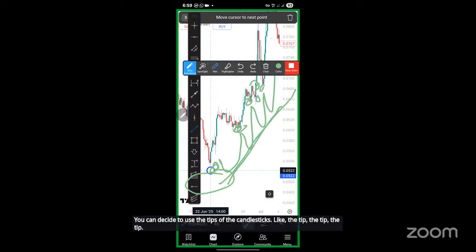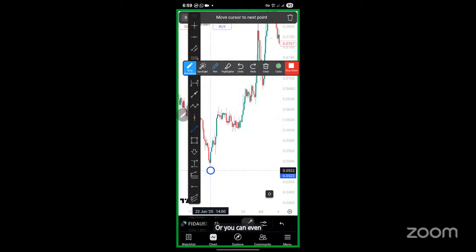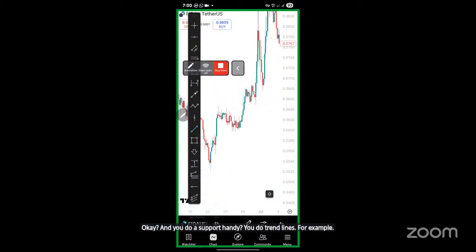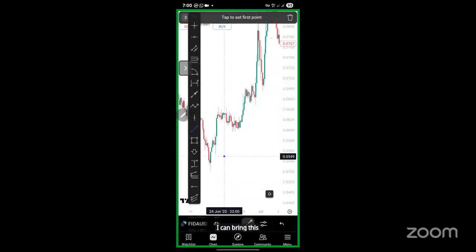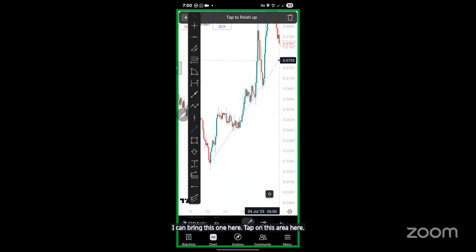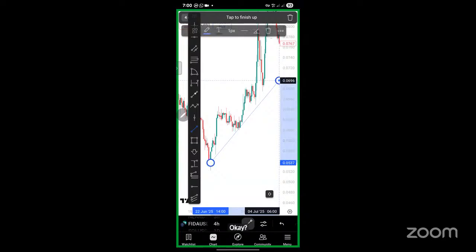Or you can decide to take the body close, for example here, the end of the body close, and you do your support and your trend line. For example, I can bring this one here, tap on this area, come on this. This is a trend line.